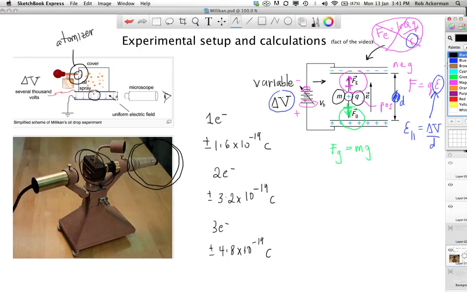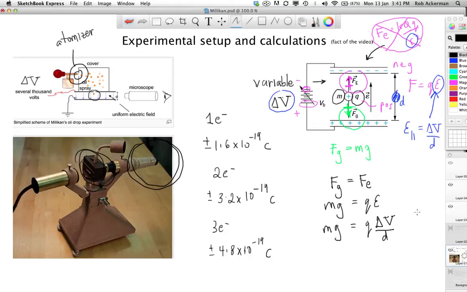Because once that happens, he's able to write this. Fg equals Fe. Mg equals Qe. Or Mg equals Q, sorry, not E there, but delta V over the plate separation.